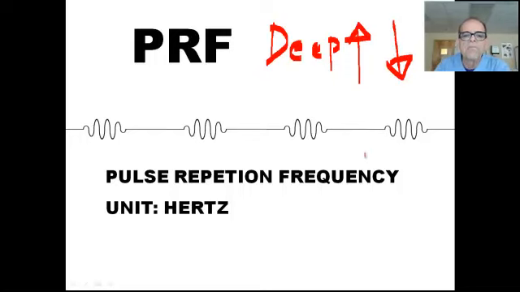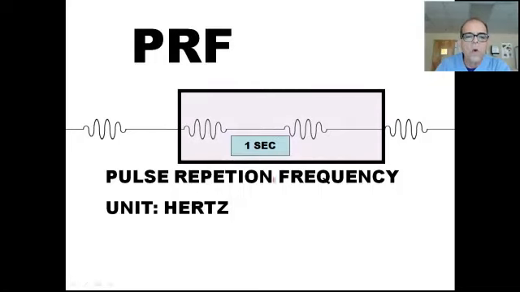The unit is hertz, in general kilohertz. If you suppose what the pulse repetition frequency is here, it is 2 hertz because it is producing 2 pulses in 1 second, but really pulse repetition frequency is not so slow. In general it is thousands of pulses in 1 second.